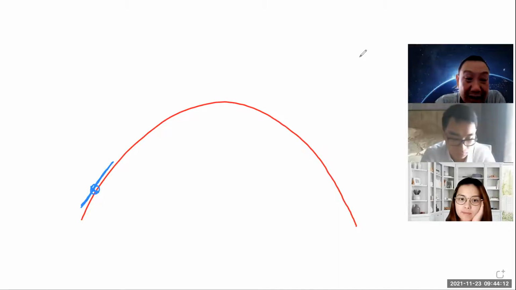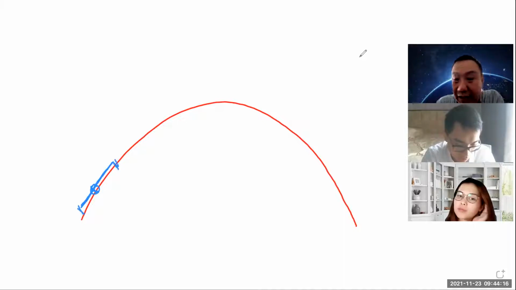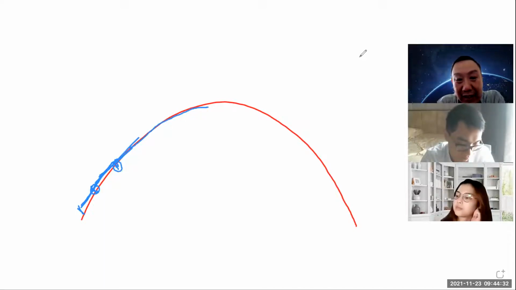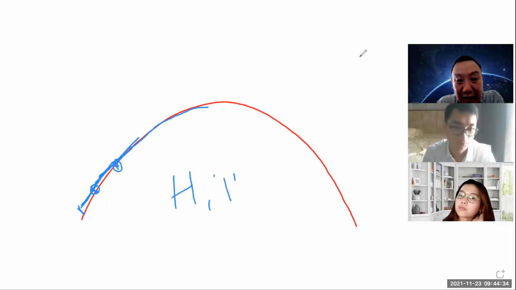Then you check this point and that point, and see which one is higher. This one is higher, so you go here and again find the gradient, climbing until you go up. This is called the hill climbing method.